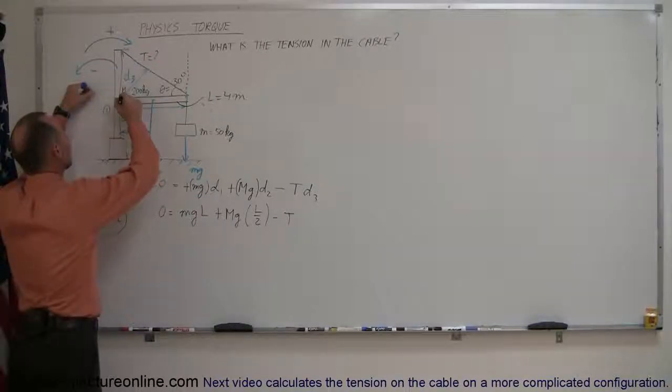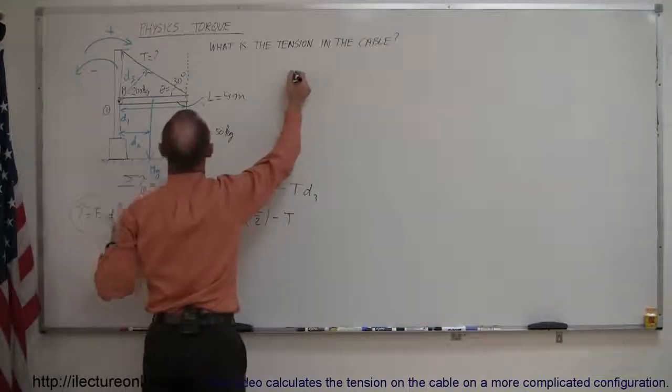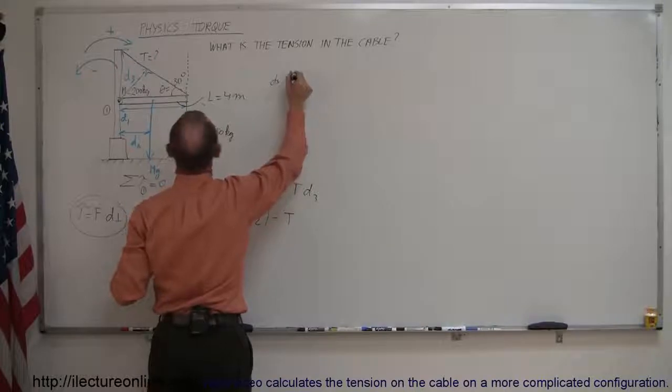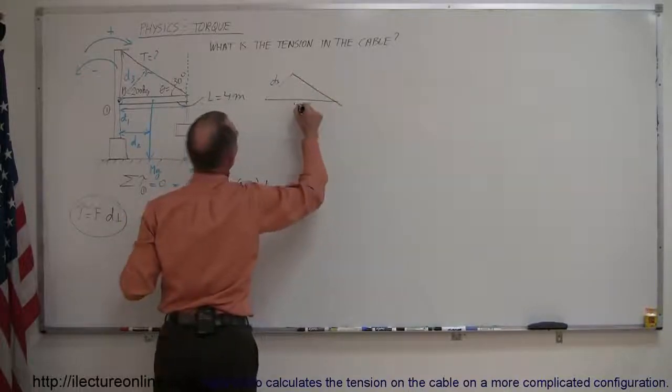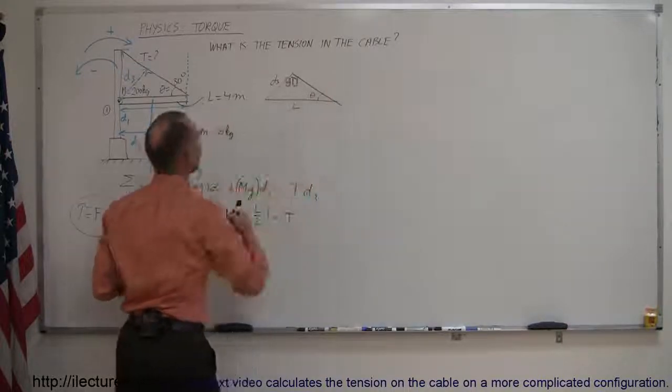Now this distance here makes up a right triangle, this triangle right here. So let me draw this triangle out here on the side. So this is distance d3. Then we have the part of the cable coming down here, and this is the length of the beam. This is L, and that's a right angle. And this angle here is theta, and theta was equal to 30 degrees.